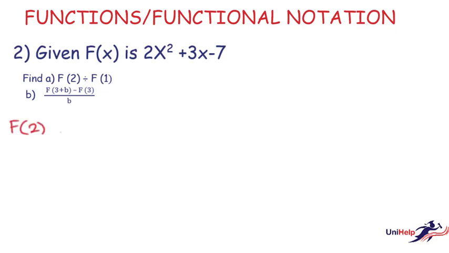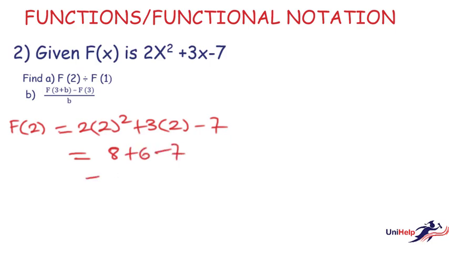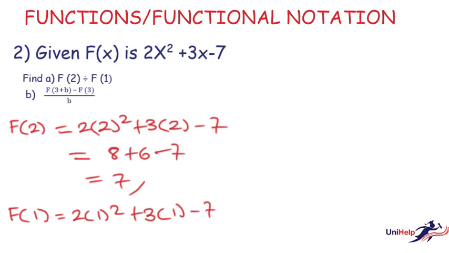F of 2 is equal to 2 into 2 squared plus 3 into 2 minus 7, which is 8 plus 6 minus 7, which is simply 7. F of 1 is equal to 2 into 1 squared plus 3 into 1 minus 7, which is 2 plus 3 minus 7, which is negative 2.